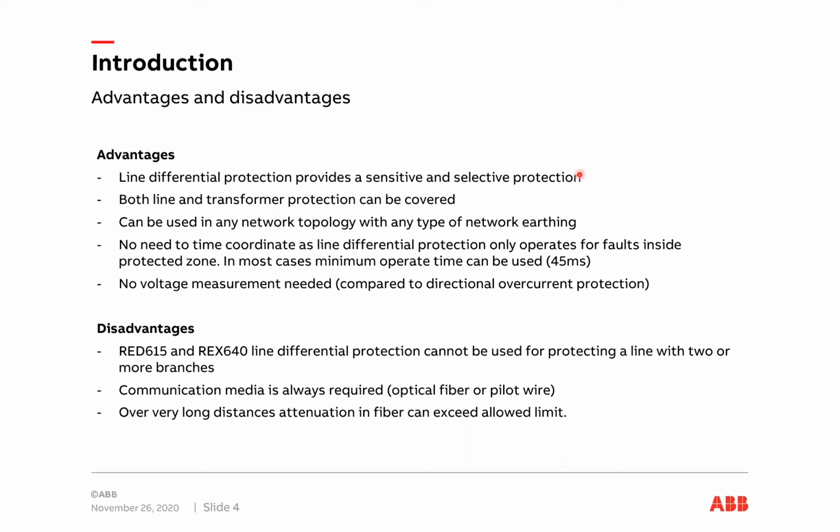What we can include here is both a line and a line including a power transformer. It can be used in any network topology, and it doesn't matter what type of network earthing we have.